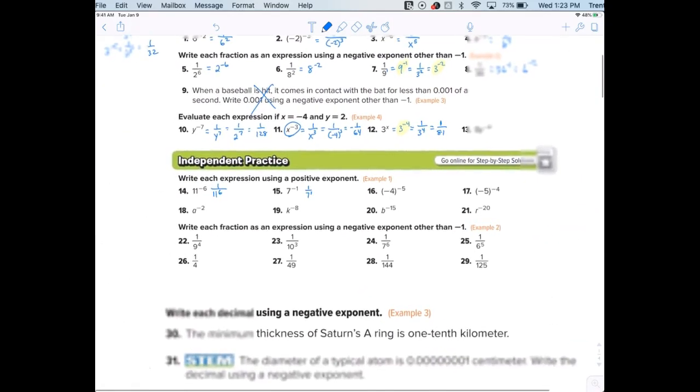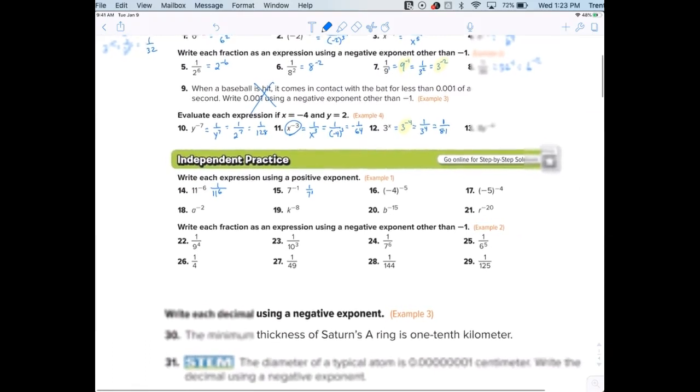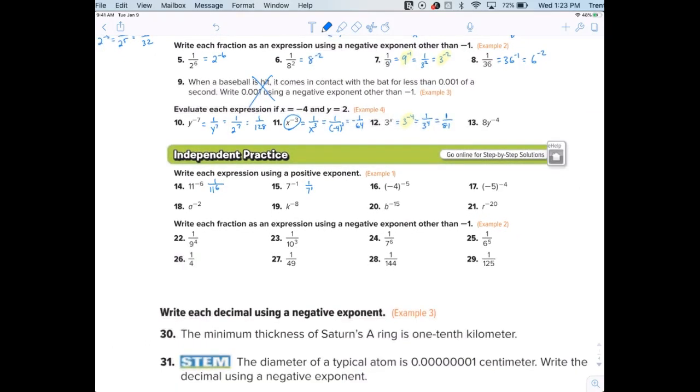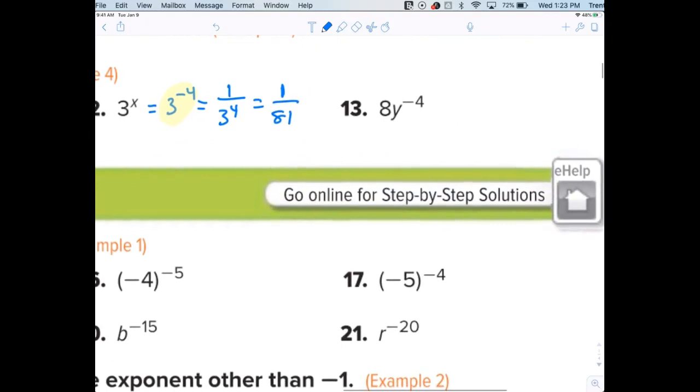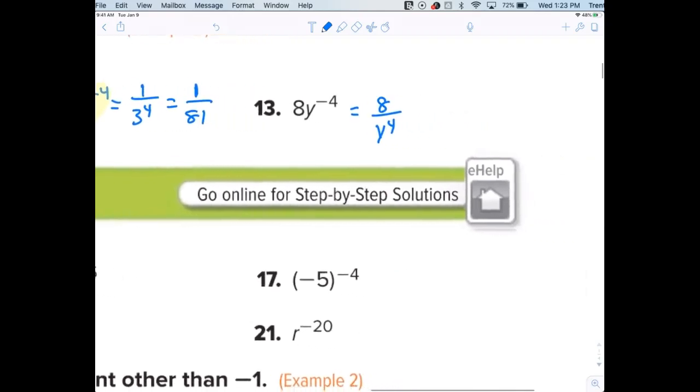What did I skip? Thank you. So 13, tell me. 8 and 2. Now why 2? So let's just start out with 8 over y to the 4th. Now I understand what you're saying. And then y is what?